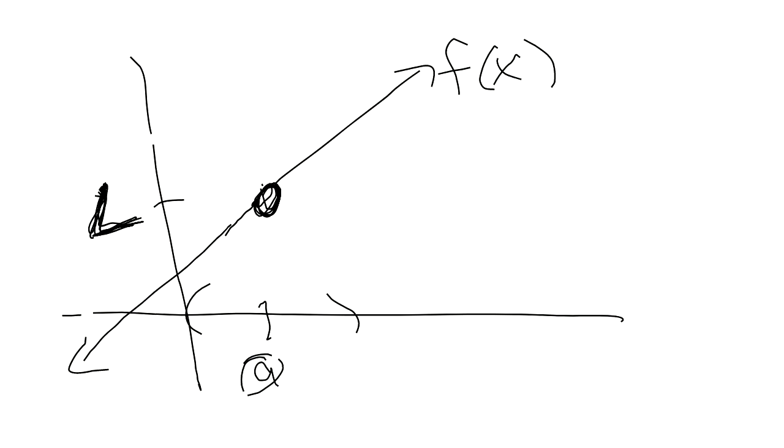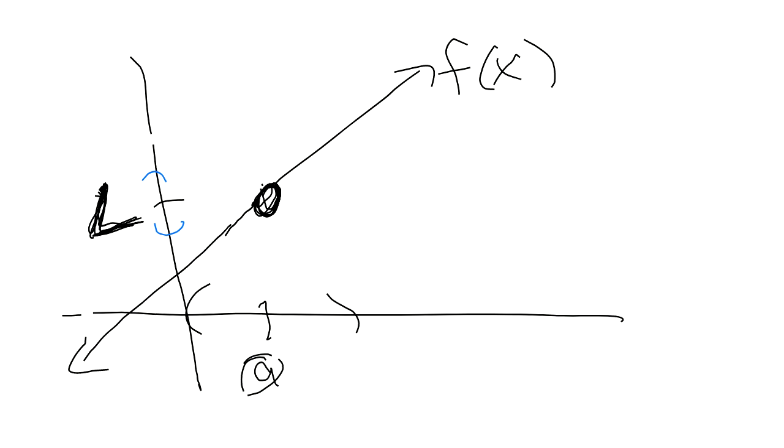So what is epsilon? Let me go back to the definition. Let f be defined on some open interval containing a except possibly a itself. Then the limit exists and equals L if and only if for any epsilon greater than 0. Epsilon is a tiny number.